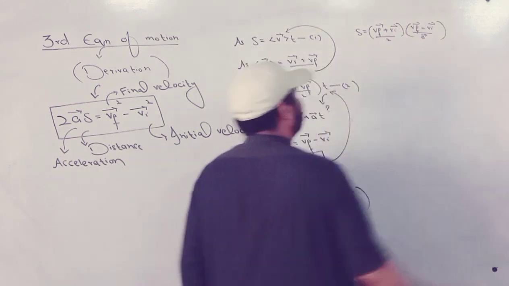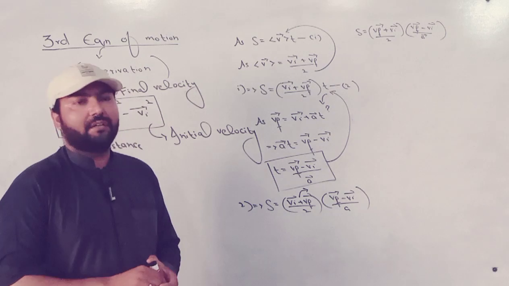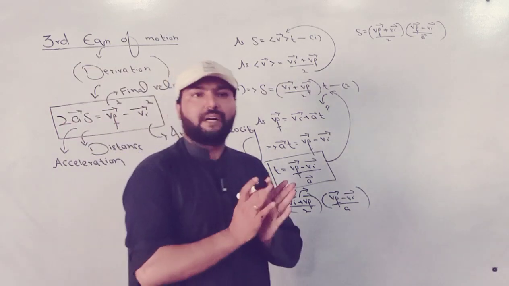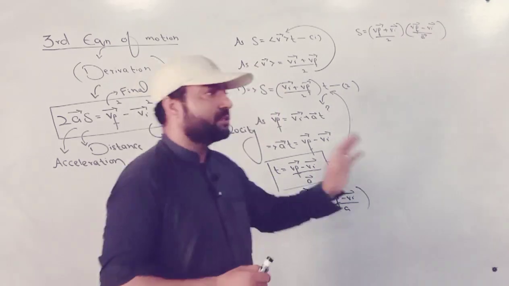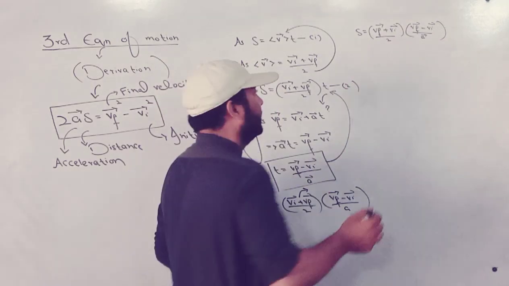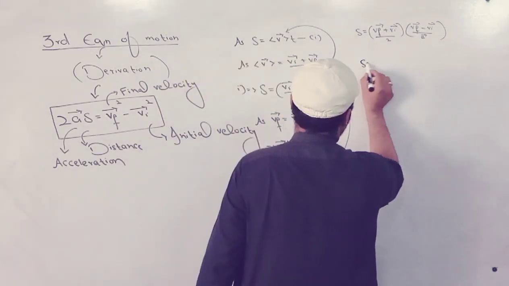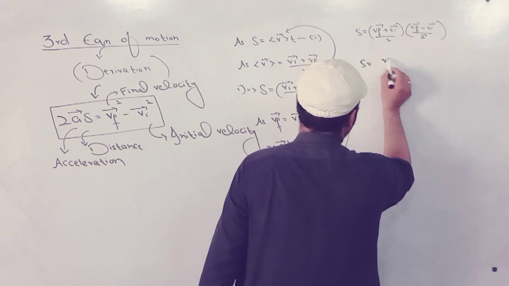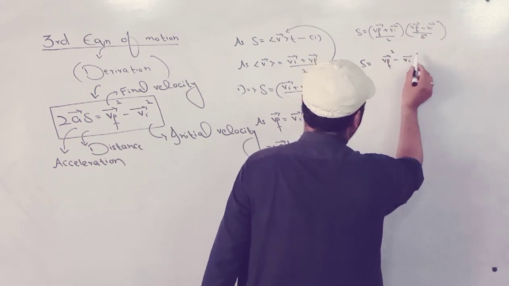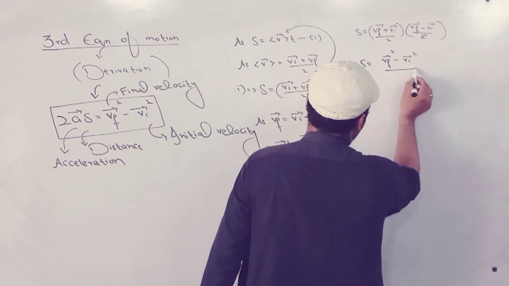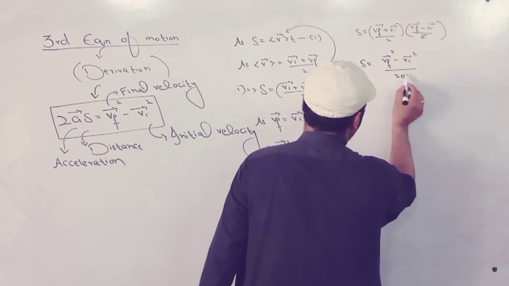Now here we will use a formula which is a square minus b square is equal to (a minus b) into (a plus b). So here we will use this formula. So when we do this, we get s is equal to, in place of a, Vf square, and in place of b, Vi square, divided by 2 multiplied by a is equal to 2a.